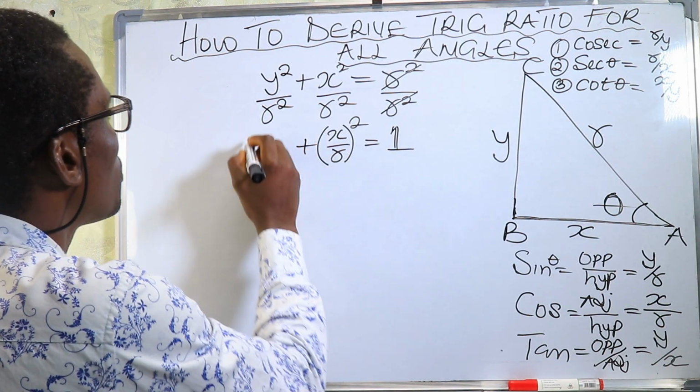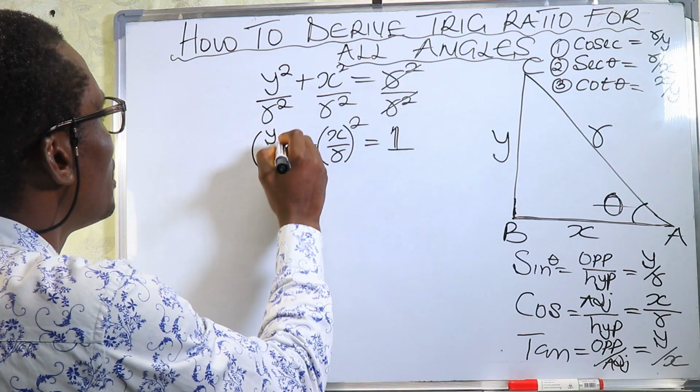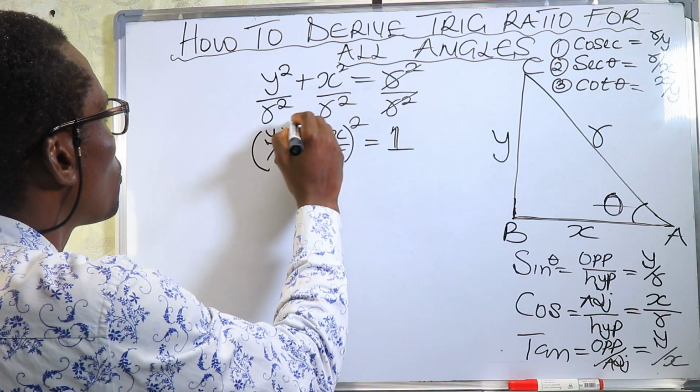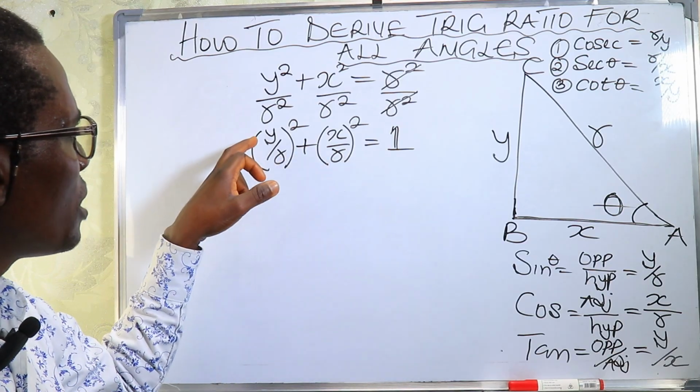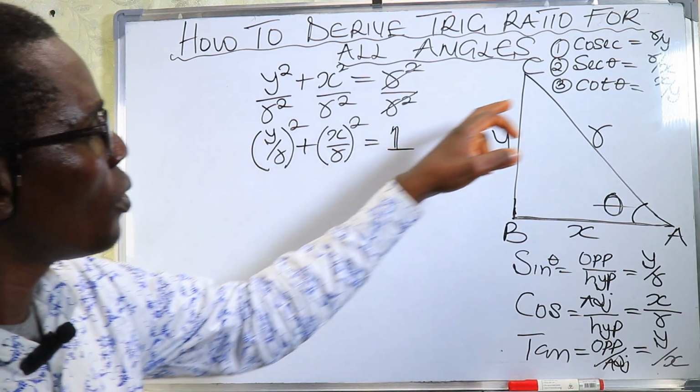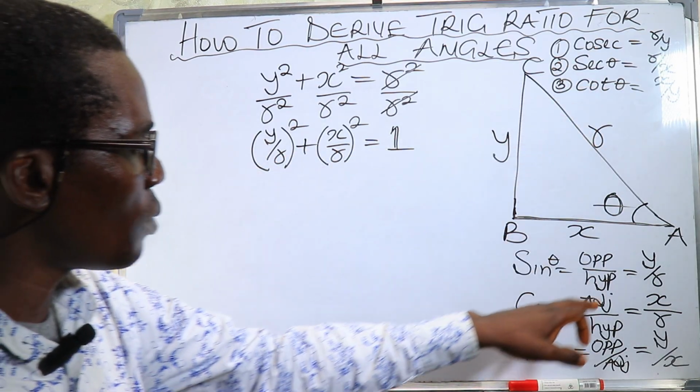Here it will be plus y divided by r all square. Now from all these trig ratio, now wetin be y divided by r? Y divided by r na wetin?